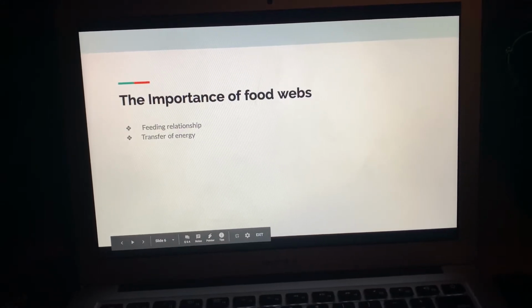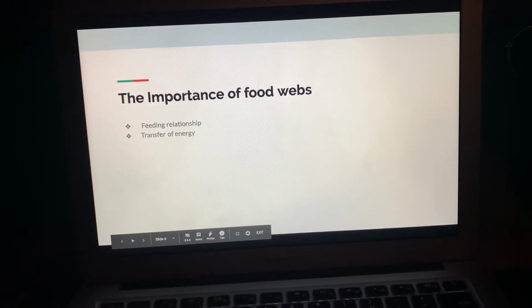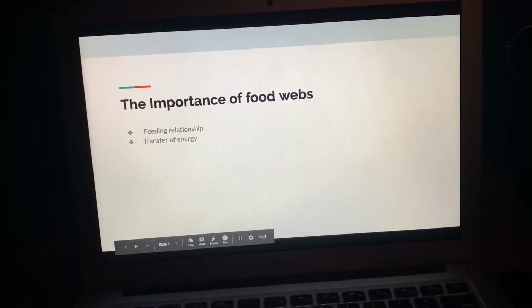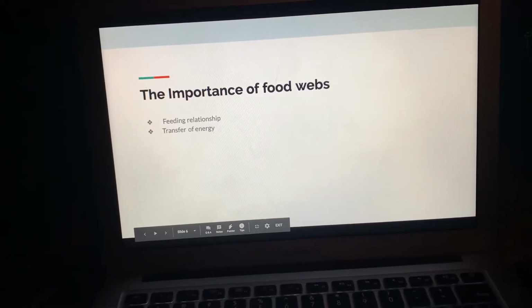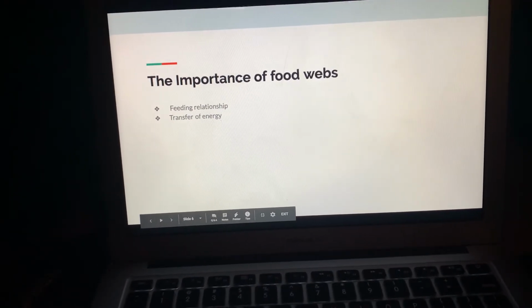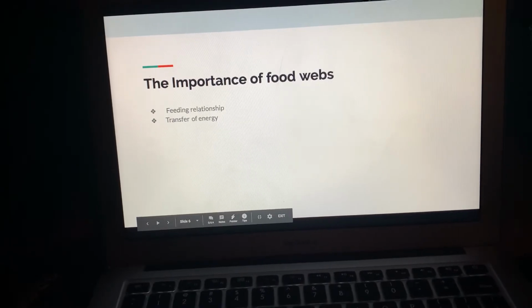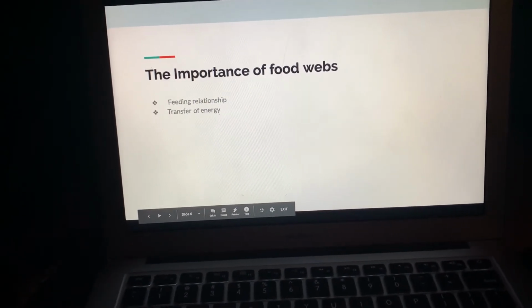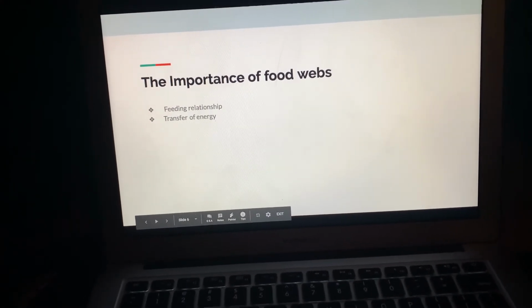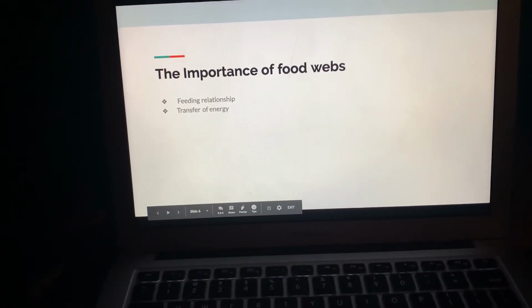The energy just flows differently between them. The producers take the energy from the sun, and when the primary consumer eats it, the transfer of energy happens. So producers gain the energy, and once the primary consumers eat it, they get the energy. When the secondary consumer eats them, the energy keeps on flowing, and then all the way up to a tertiary consumer.